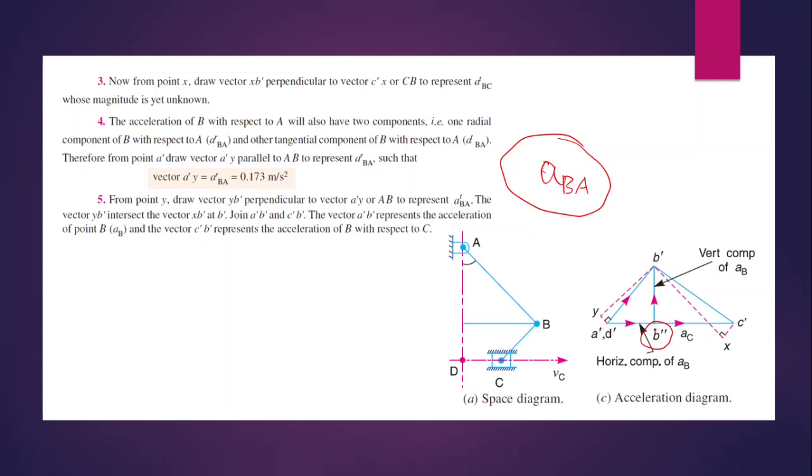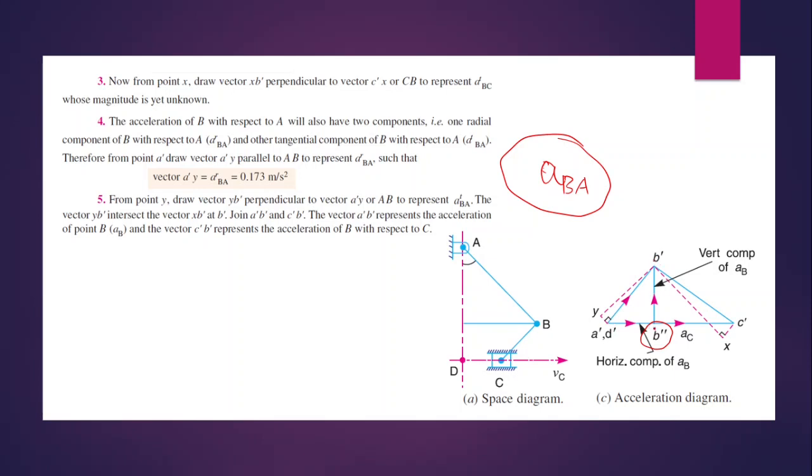Then A dash B double dash will be the horizontal component of acceleration of B with respect to A, and B dash B double dash will become the vertical component of acceleration of B with respect to A.